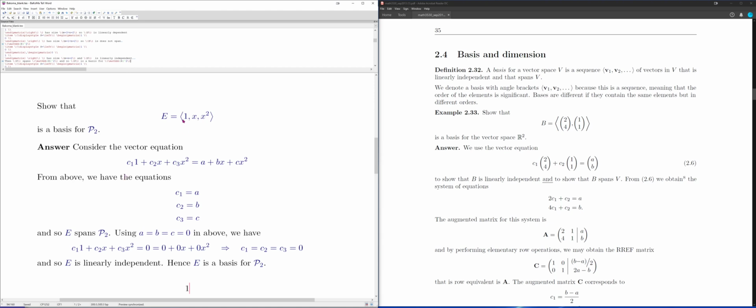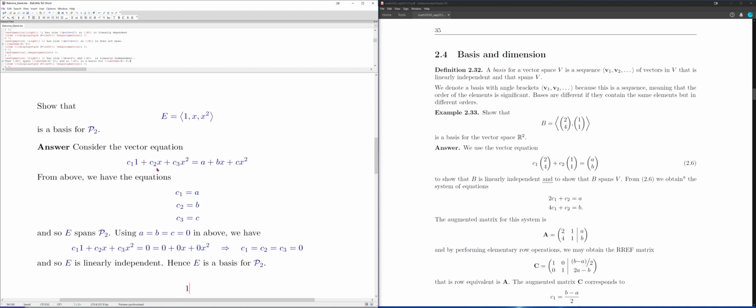In other words, some constant times 1, the next constant times x, and the next constant times x squared. This linear combination would give me a plus bx plus cx squared for any a, b, and c that I have here.